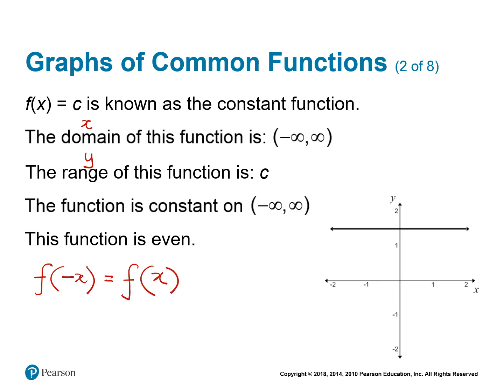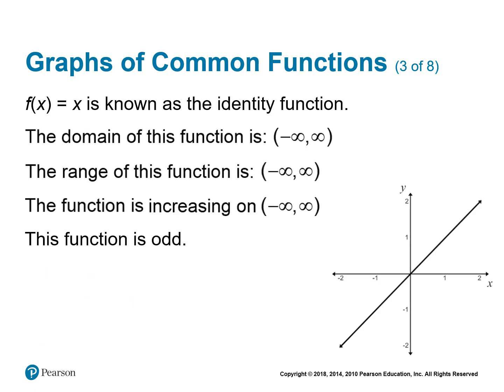So if we evaluate the function using negative x for x, we get back the original function, which is f of x. It will not make any difference to the original function. So that's what an even function means, and the constant function is always an even function. These are the basic properties of a constant function.